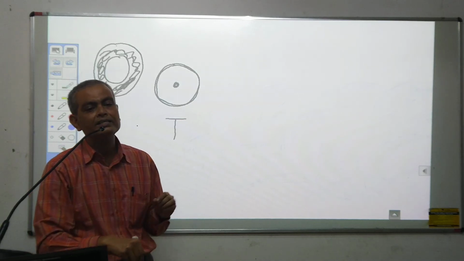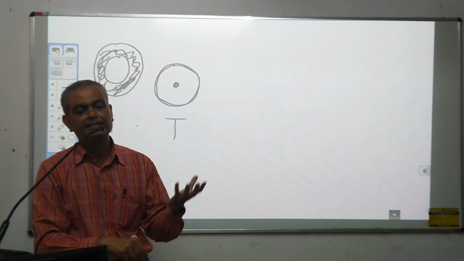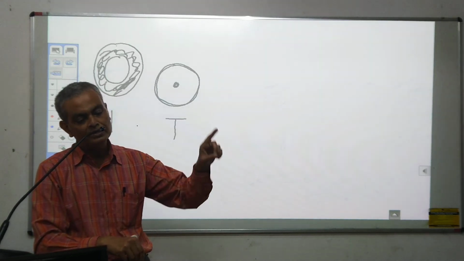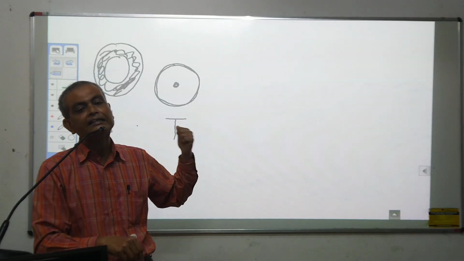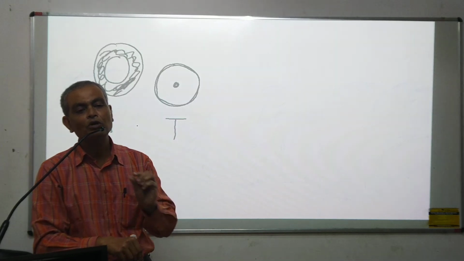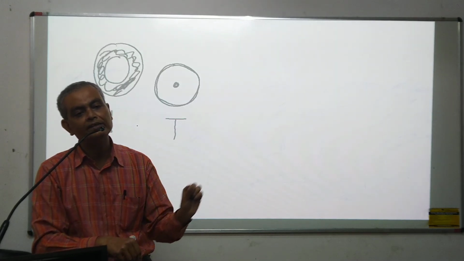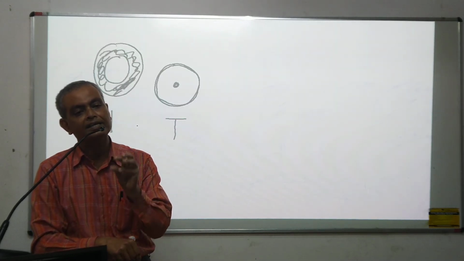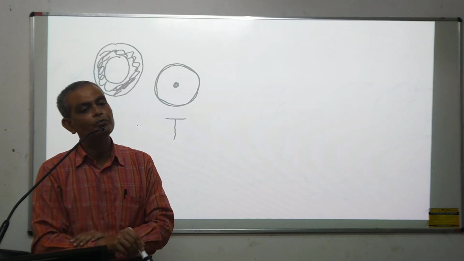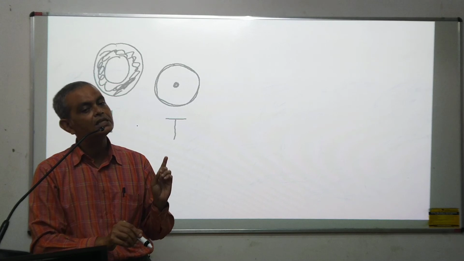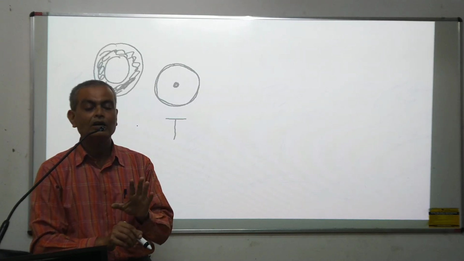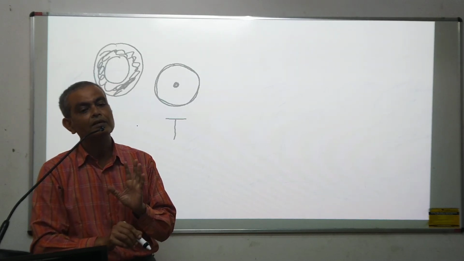The first one is a normal RBC, where there is a central pallor surrounded by the hemoglobin ring. The second one is a target cell, where the hemoglobin ring outside is very thin, with a central portion of hemoglobinization. That is called a target cell, and that is a feature of thalassemia. It can occur also in other diseases, but that is a feature of thalassemia.